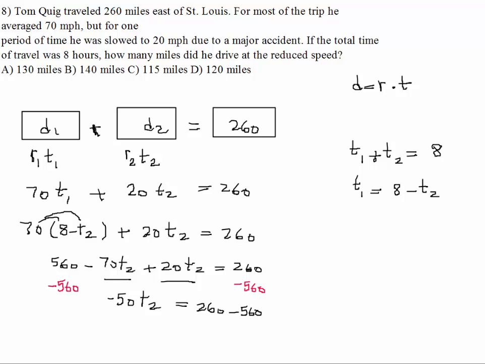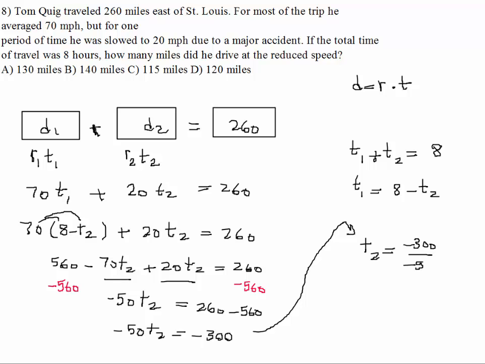So I get minus 50 T2 is equal to minus 300. So now I can solve for T2: minus 300 divided by minus 50.